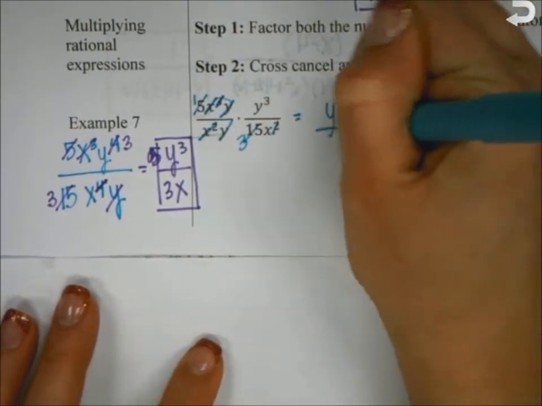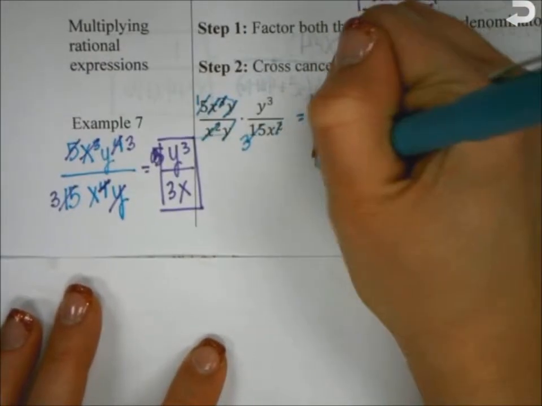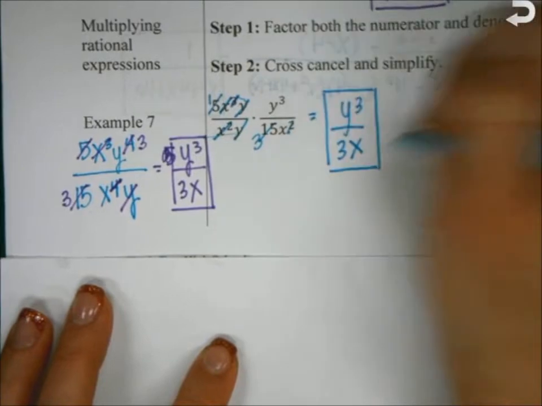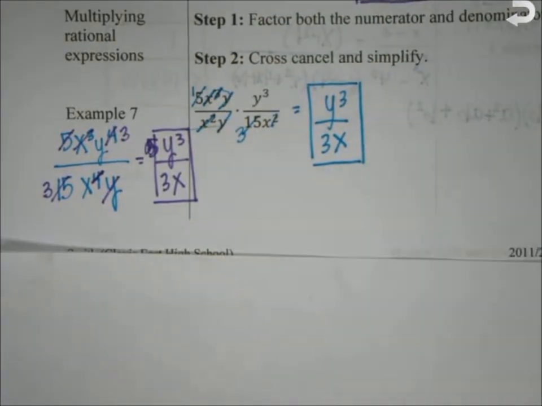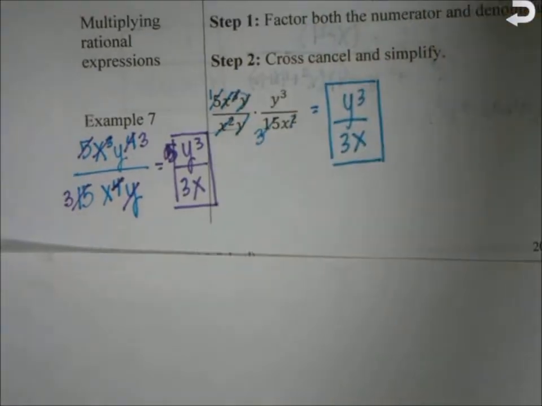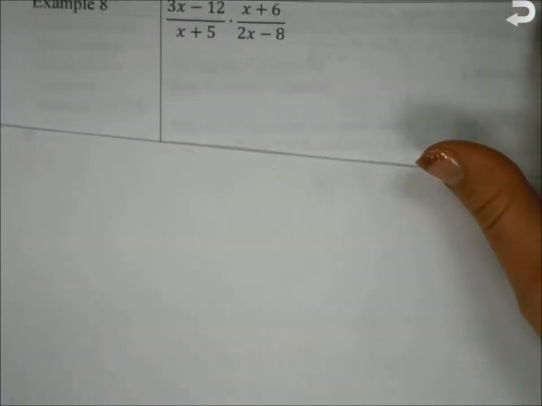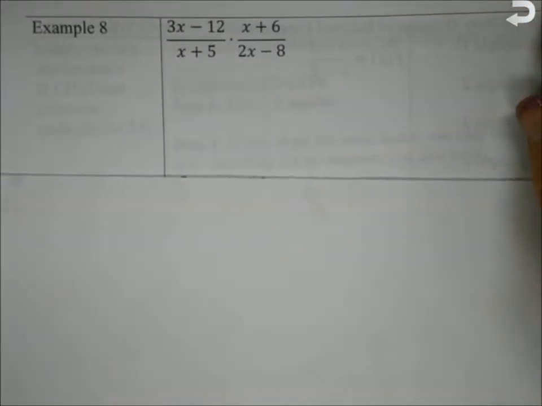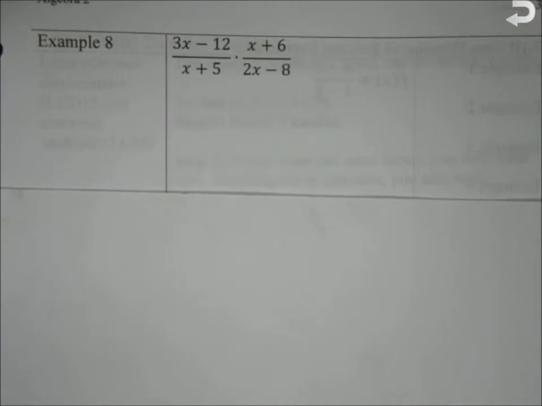Most of our problems are going to be like the next example. So example 8: 3x minus 12 over x plus 5 times x plus 6 over 2x minus 8. Okay, so going back to our steps from before, what we want to do first is factor the numerator and denominator and then cancel and multiply.